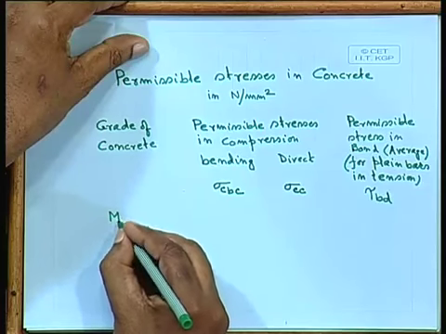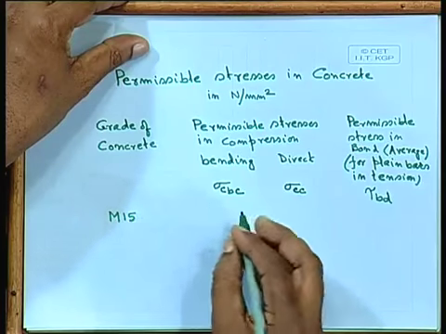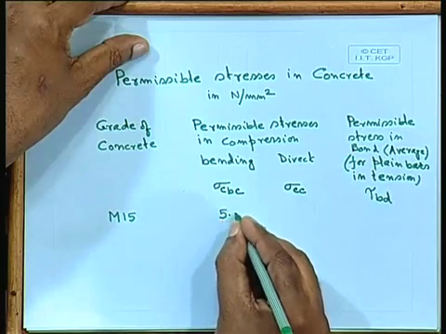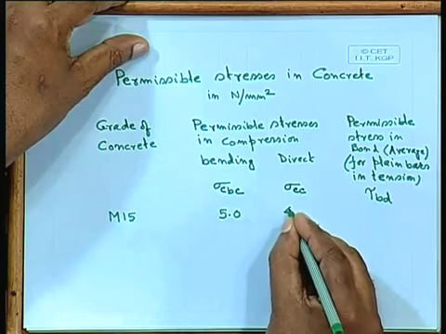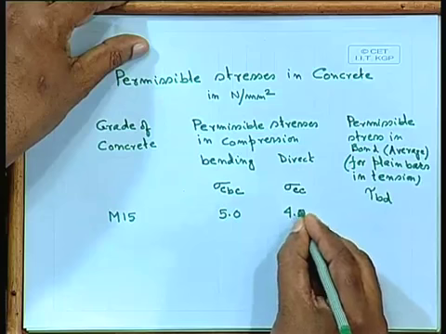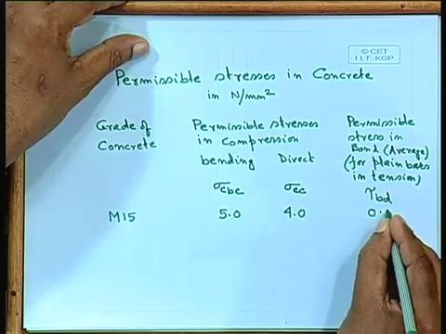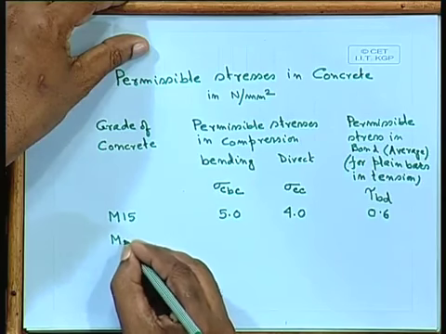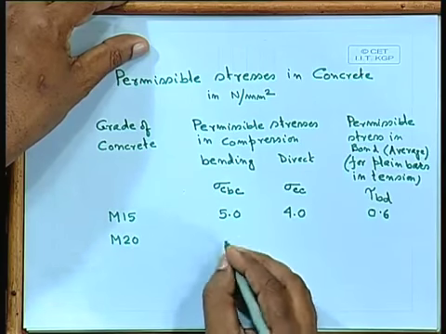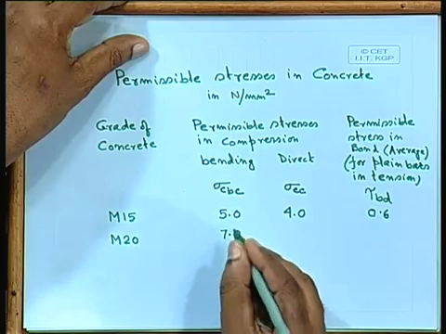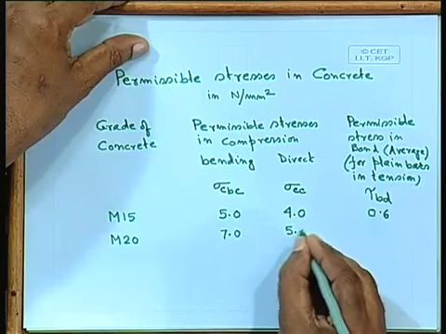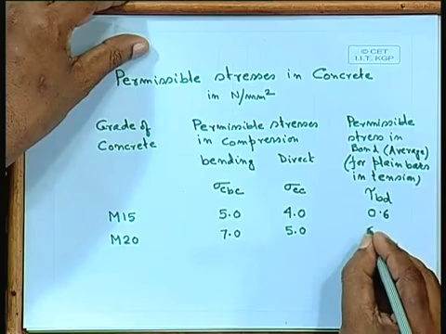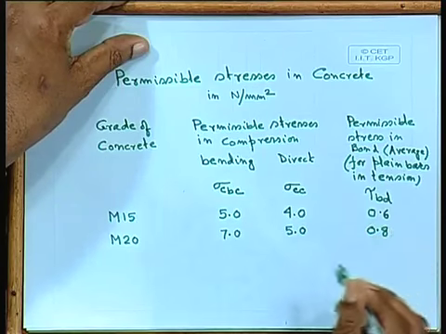For M15, it is 5.0, direct compression it is less, 0.6. M20, 7.0, 5.0, 0.8.